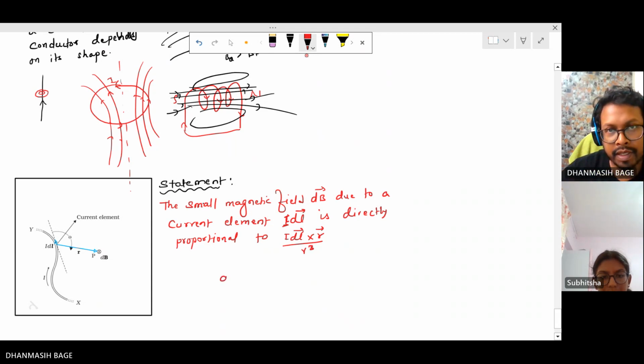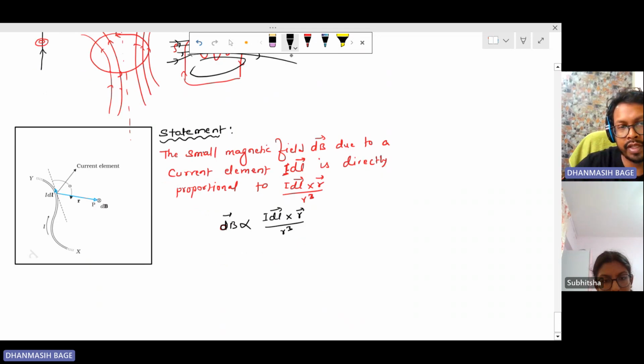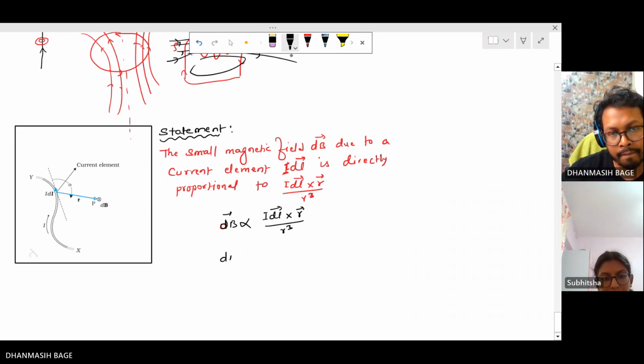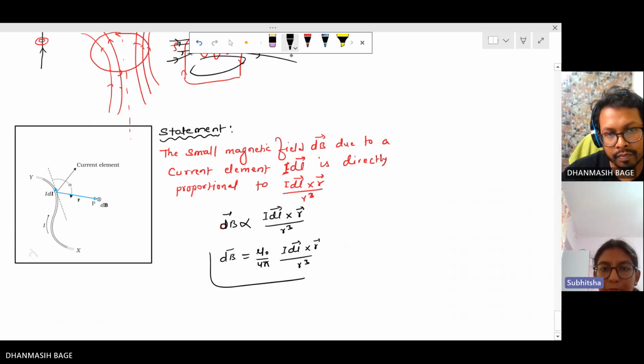Simply, dB vector is directly proportional to I dl vector cross r vector over r cube. If you remove this proportionality sign, mu naught by 4 pi comes in, and this is I dl cross r vector divided by r cube.